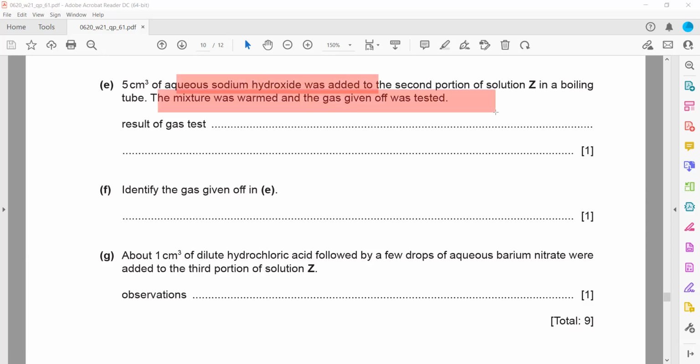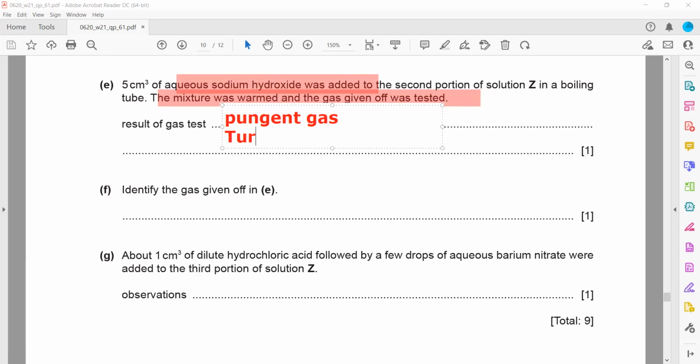5 cm³ of sodium hydroxide was added and the mixture was warmed. A gas given off was tested. The result: there will be a pungent gas because the ammonium ion is there. When we add sodium hydroxide to an ammonium ion, ammonia gas is released. We don't have to mention the name of the gas, just the observation and how the gas can be tested. So a pungent gas is there.